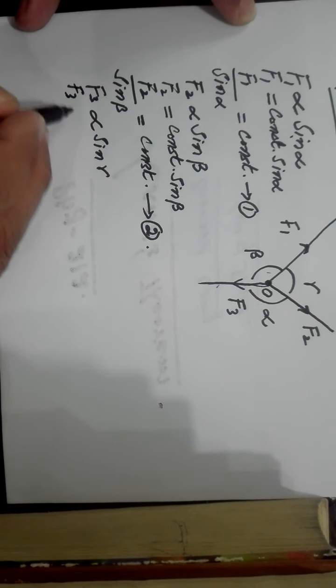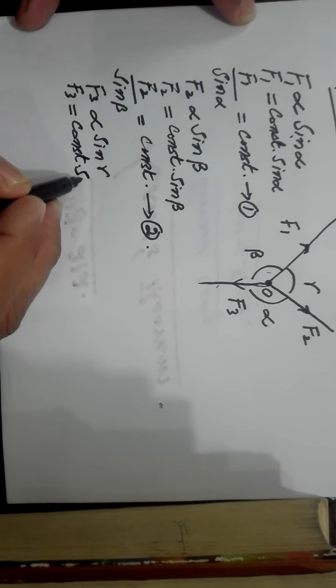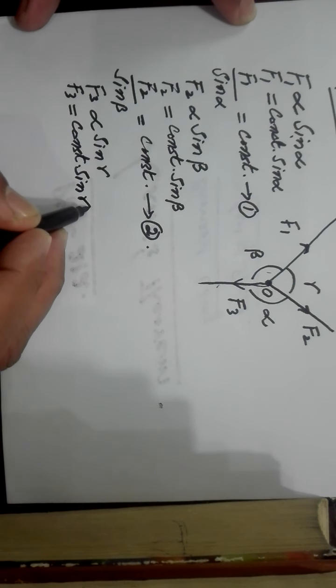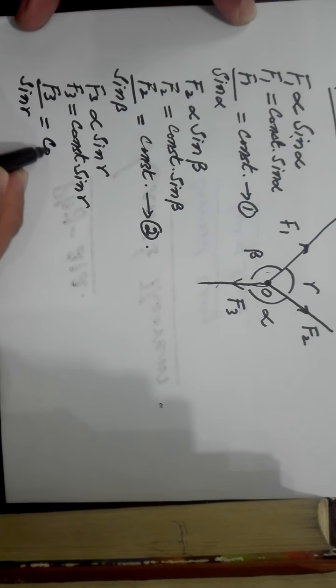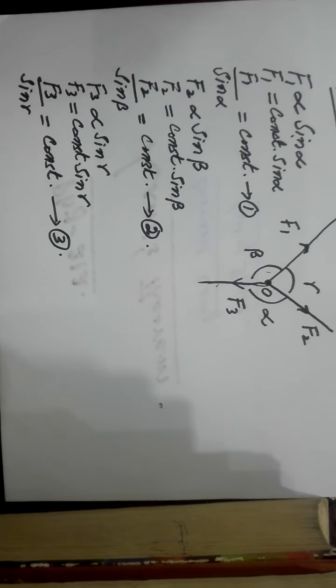F3, on removing the proportionality sign, will be equal to a constant into sine of gamma, or we can write it as F3 over sine of gamma is equal to a constant. This is equation number 3.